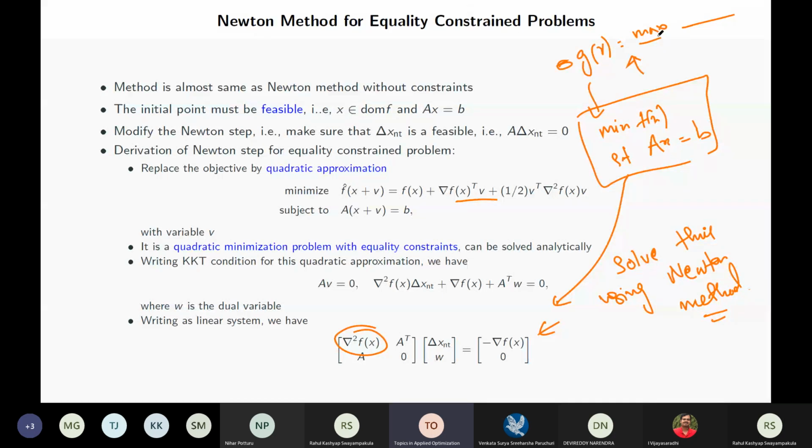That's one way to do it. But another way is I may use a Newton method, which looks like this. In a Newton method, I will use second order information, and then I will try to form the KKT and so on. So there are two possible ways to solve this.